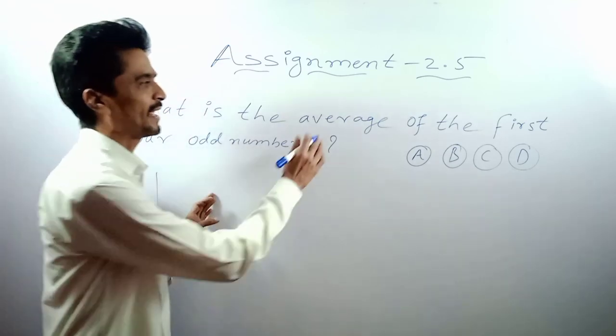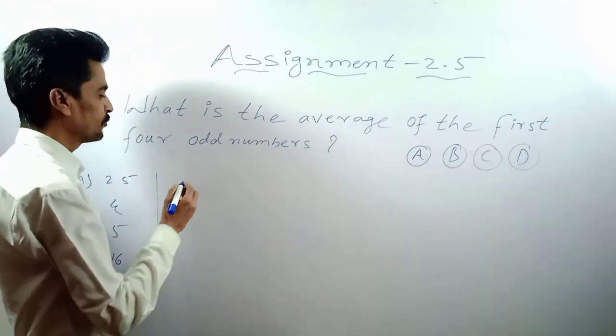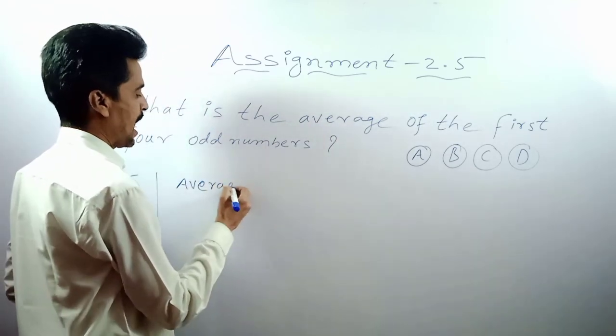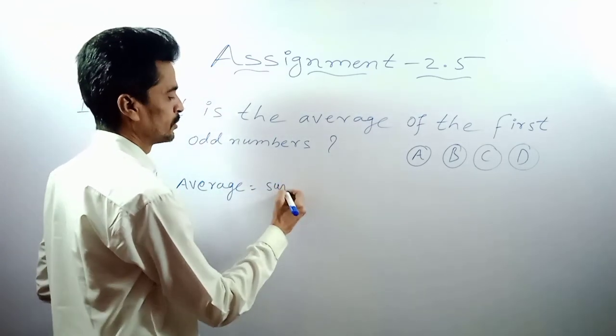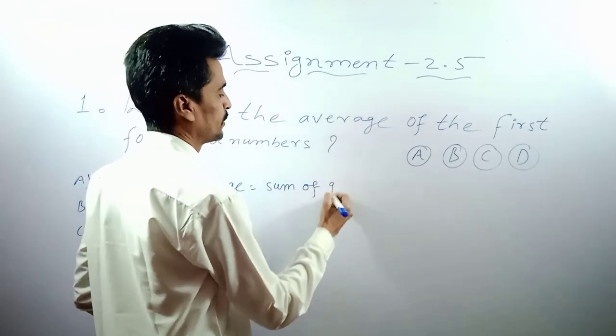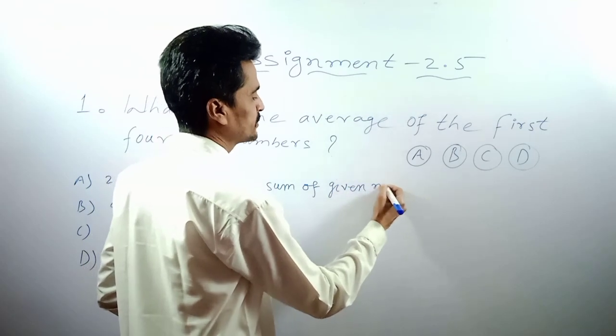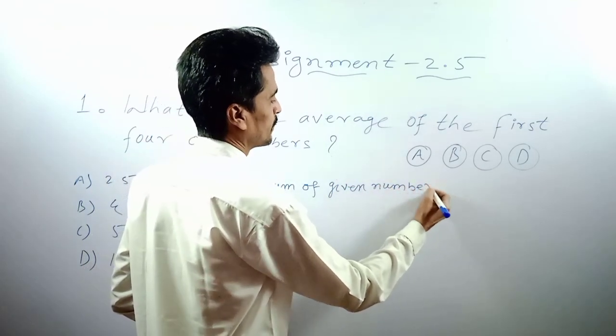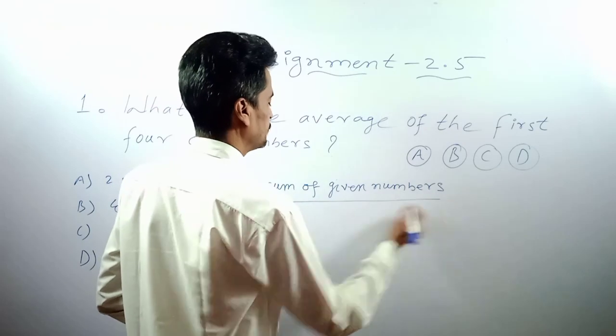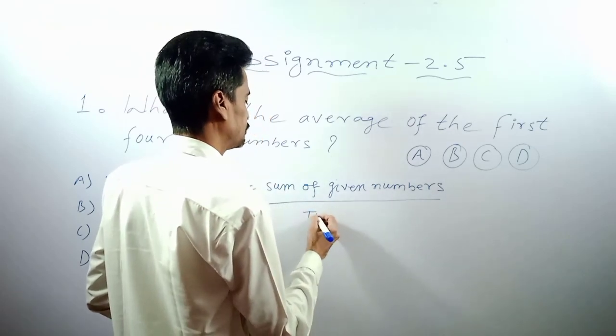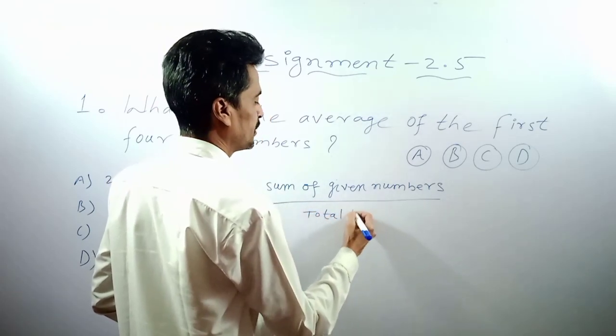So what is the formula of average? Average equals sum of given numbers upon total numbers.